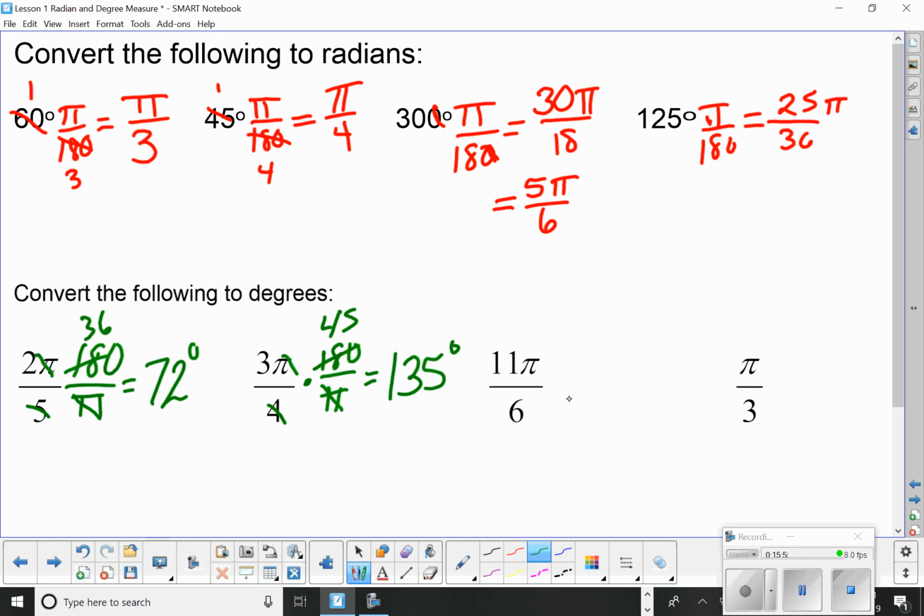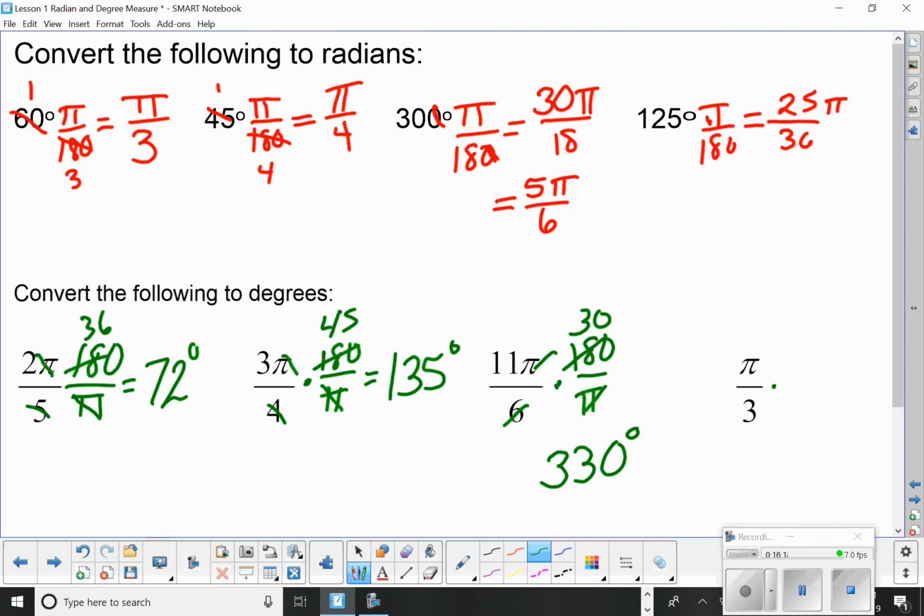11 pi over 6 times 180 over pi. Always nice, those pi's cancel. 6 will go into 180 30 times. 30 times 11 is 330 degrees.